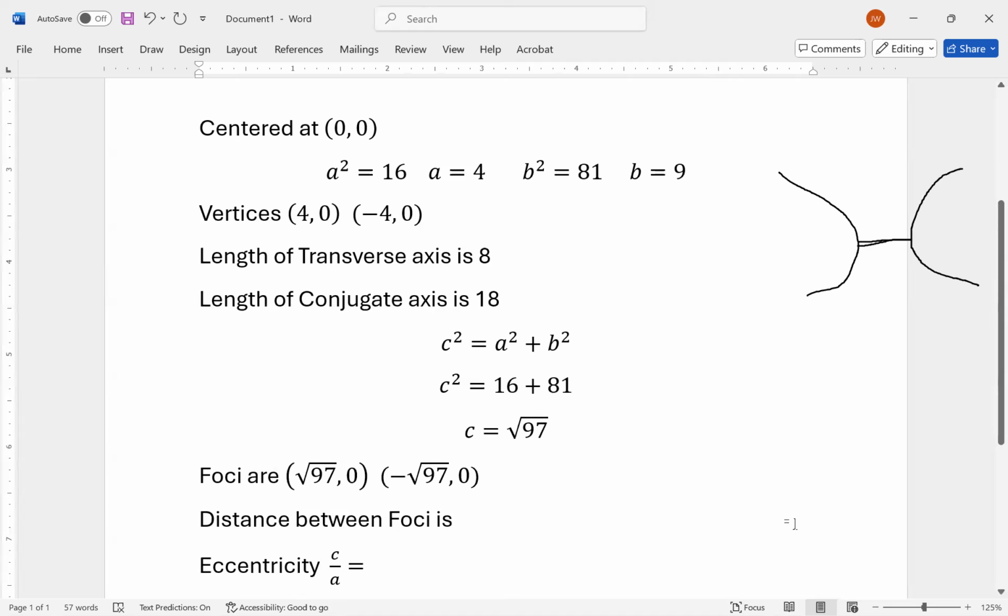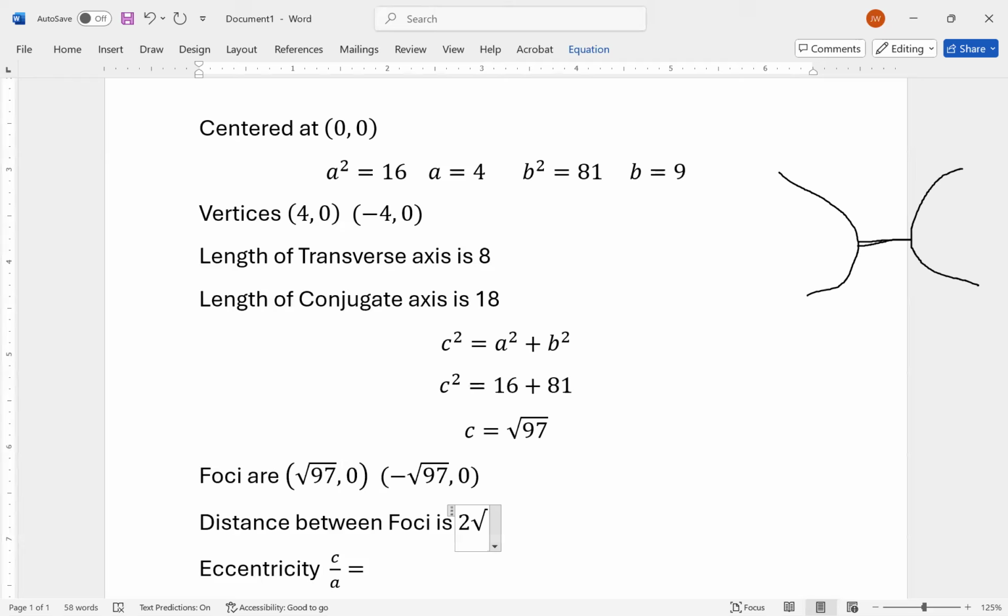The distance between the two foci is basically twice the C, so all we have to do is 2 times the square root of 97.